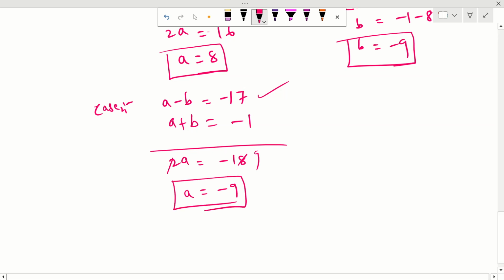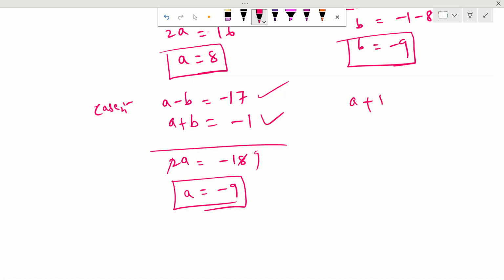And this a value I am putting in the second equation, a plus b is equal to minus 1. The a value is minus 9 plus b is equal to minus 1, and b is equal to minus 1 plus 9, and b value will be 8, right?